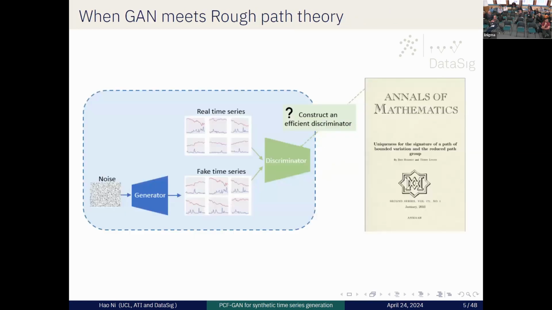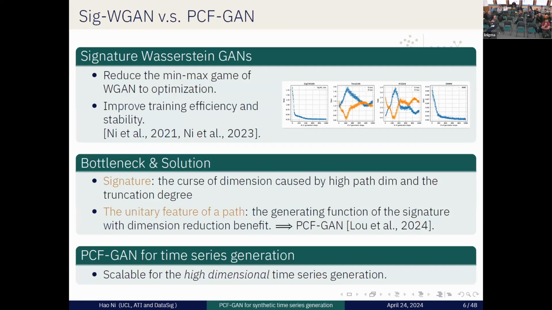One core object in rough path theory is the so-called signature of the path. Intuitively, we can regard the signature of the path as the non-commutative polynomials on the path space, and it serves as a universal and characteristic feature representation of the path, and also of discrete time series.